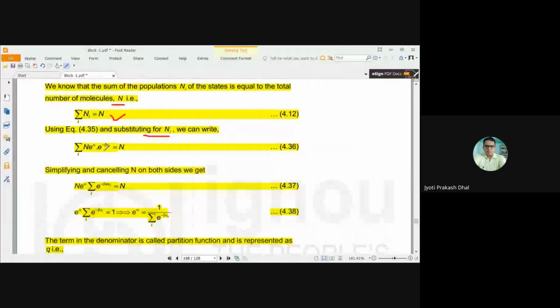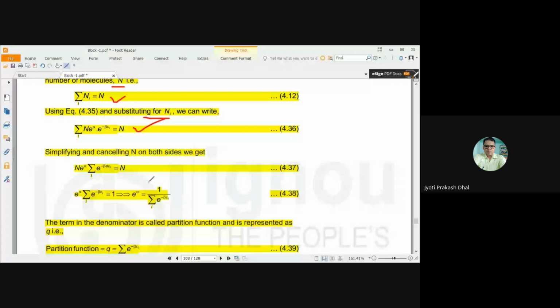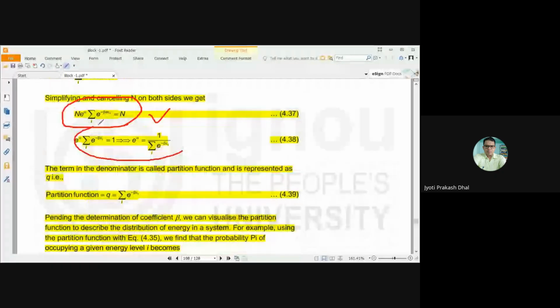Now simplifying and cancelling n on both sides, we can write e to the power alpha into summation of e to the power minus beta epsilon j equals 1, which implies that e to the power alpha equals 1 by summation of e to the power minus beta epsilon j.